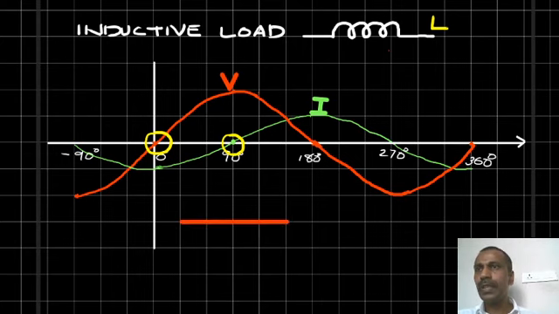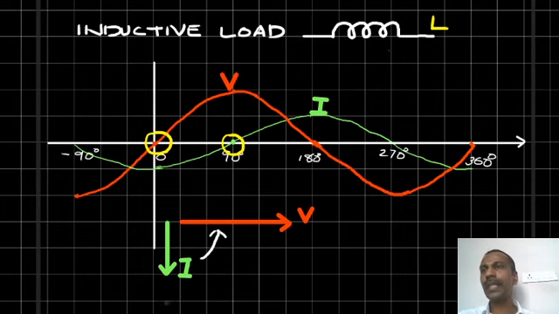And suppose this is the voltage phasor. Then the current phasor, the current vector, can be drawn like this, because current lags behind the voltage by 90 degrees. As you know, the vectors are rotating in the anti-clockwise direction.